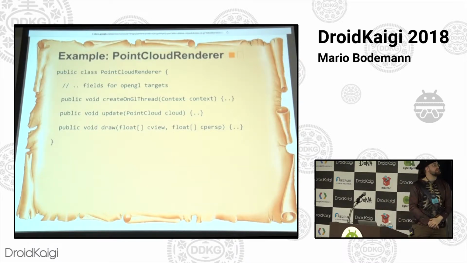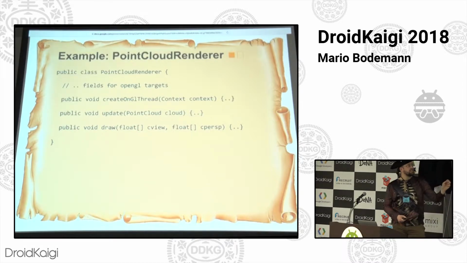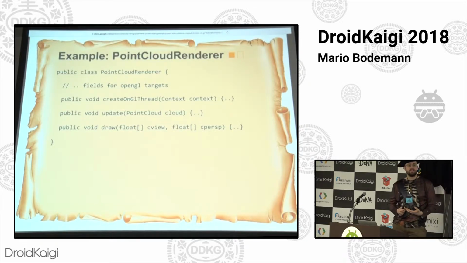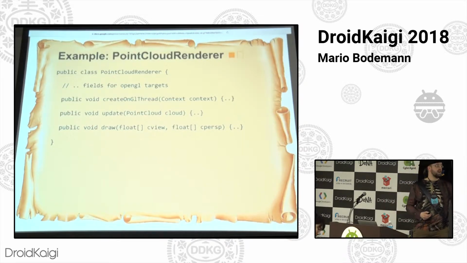The fields are essentially there for saving OpenGL features. So if you are creating this renderer, you have to store specific OpenGL names. Like if you're creating, for instance, a shader, you have to save the name of the shader in the field so that you can access this in the other functionalities.